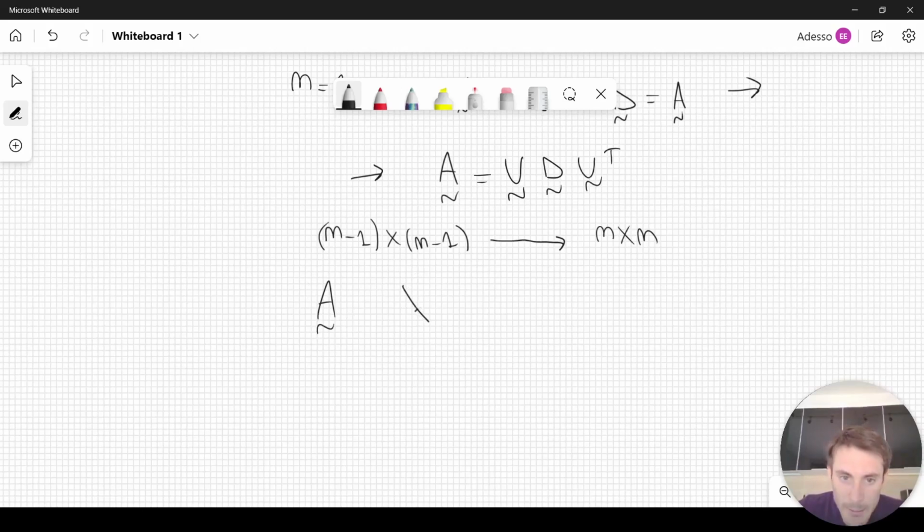Let lambda be an eigenvalue of A, and V be an eigenvector with eigenvalue lambda.